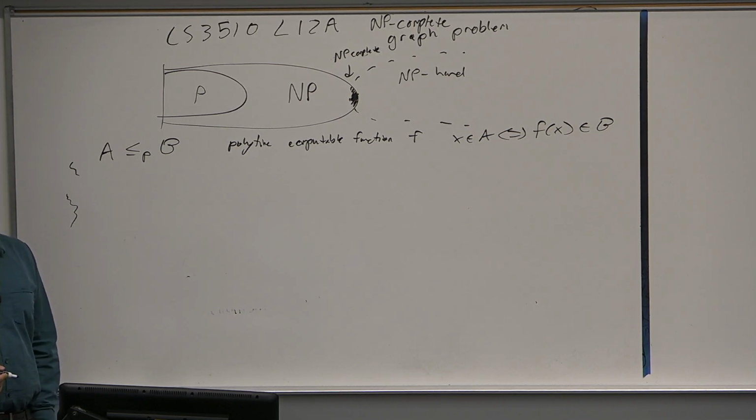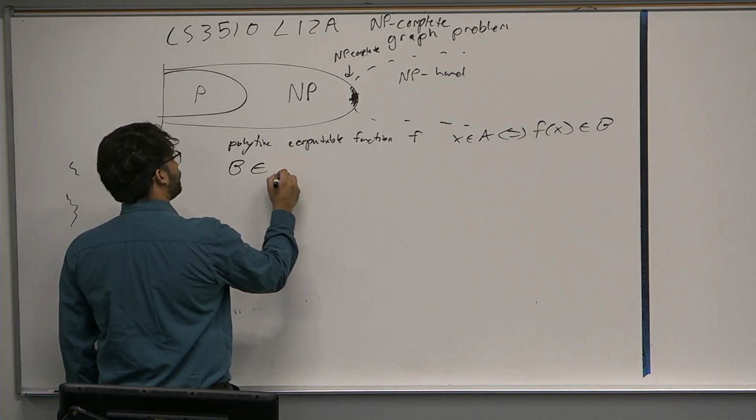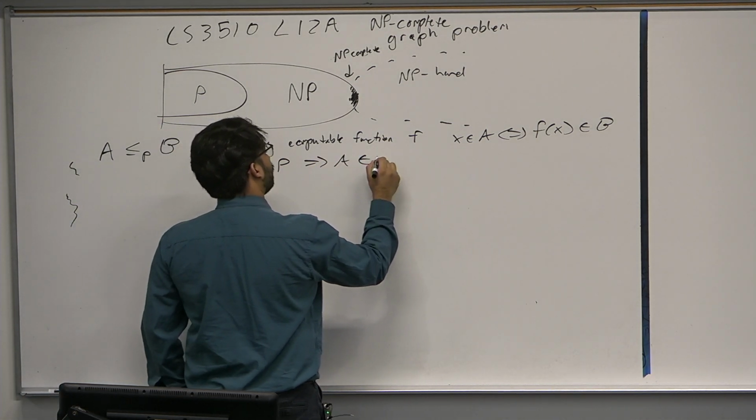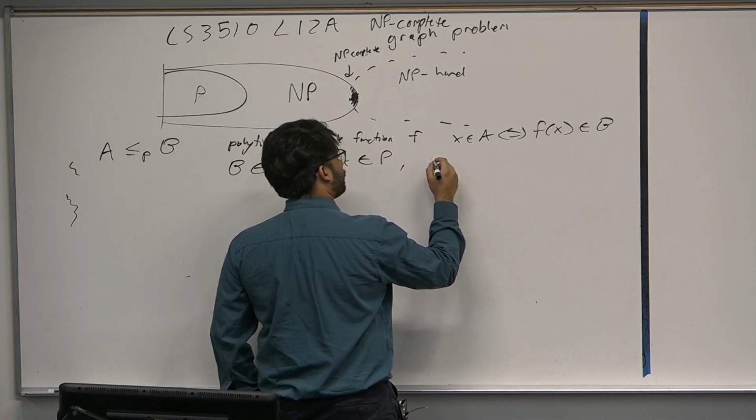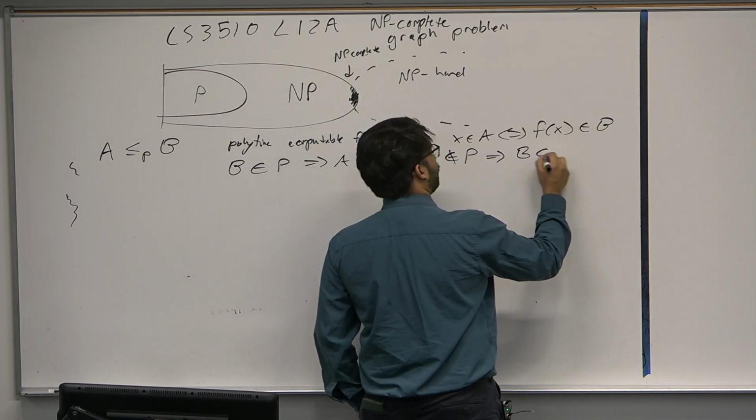They're either both easy or both hard. And we prove that B is in P implies A is in P. And contrapositively, if A is not in P, i.e. A is hard, that implies B is not in P.